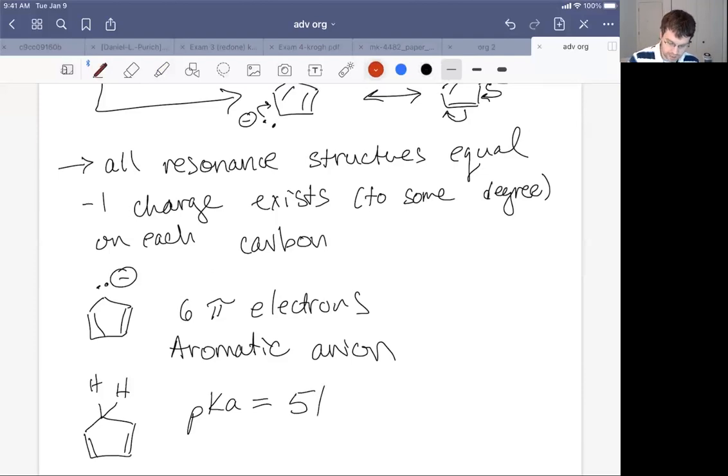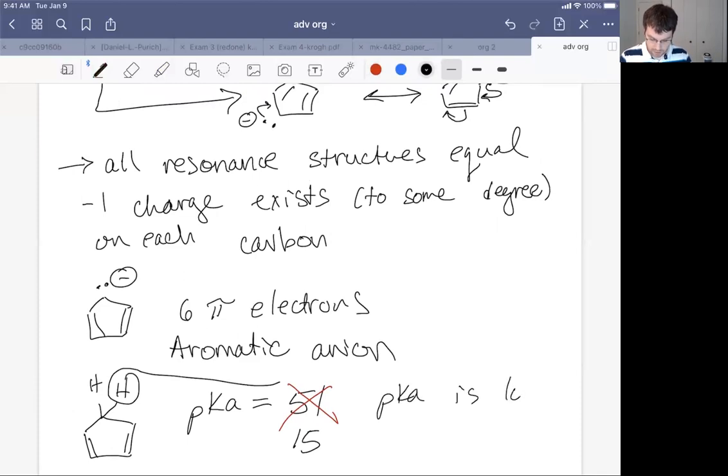Now we're going to cross that out because for this molecule, the pKa is 15. That's an enormous drop. That means that something as strong as an alkoxide or a hydroxide is capable of deprotonating this hydrogen atom. Okay. So the pKa at this position is quite low.